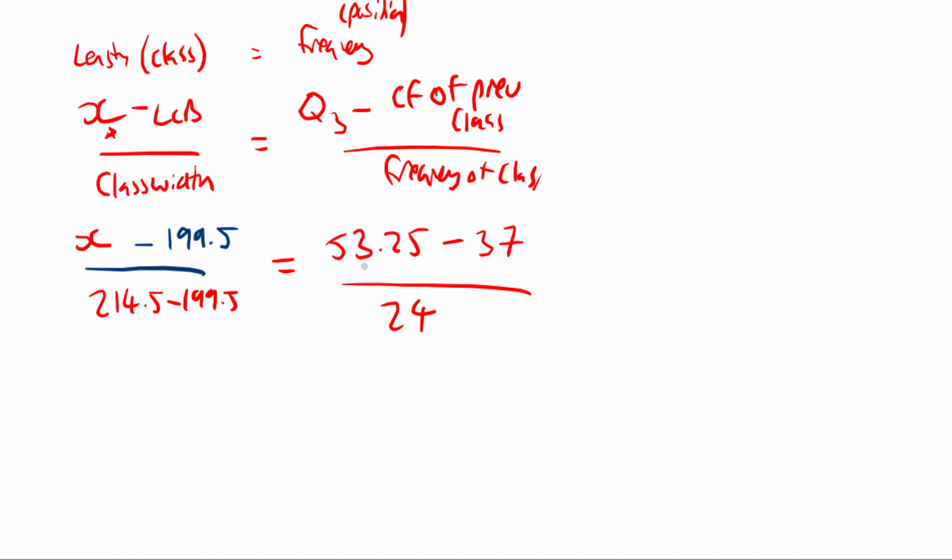Once we have that, we then rearrange, or we can first of all solve our values and rearrange. So X minus 199.5, 214.5 minus 199.5 is 15. So 15 is equal to 53.25 minus 37. So that's 16.25 divided by 24.